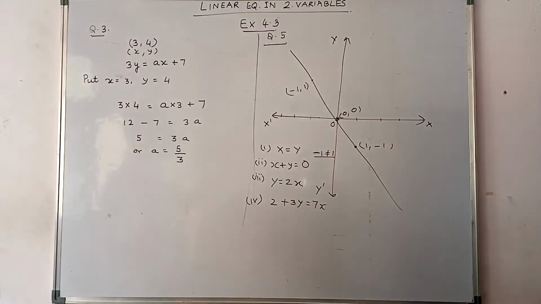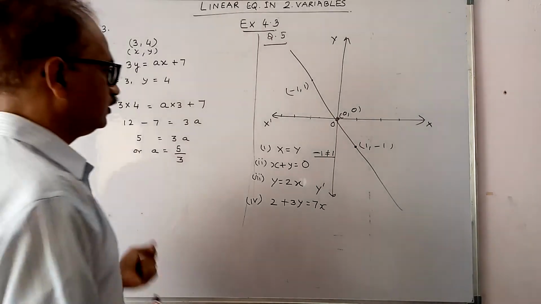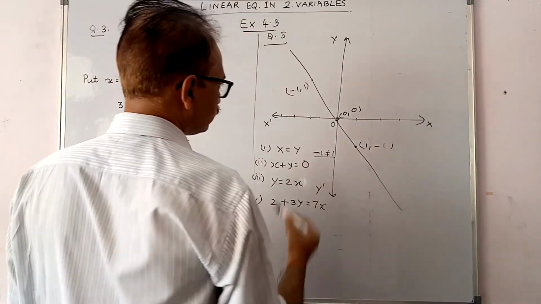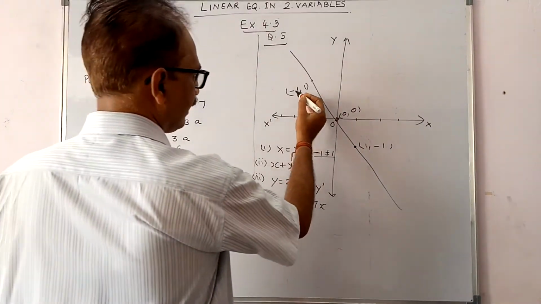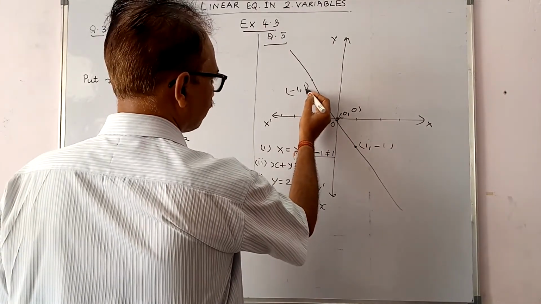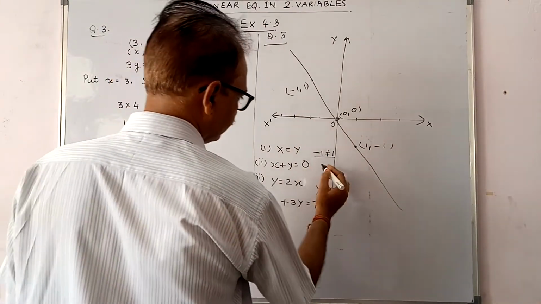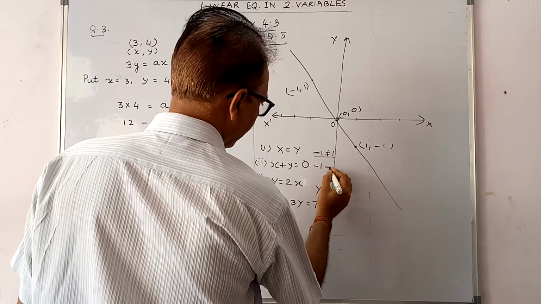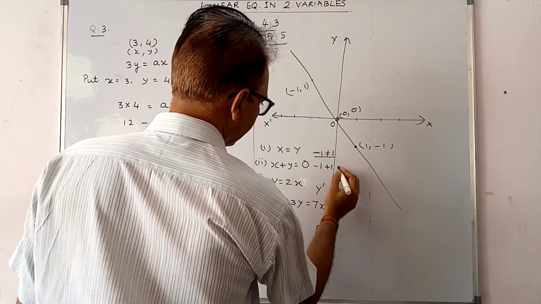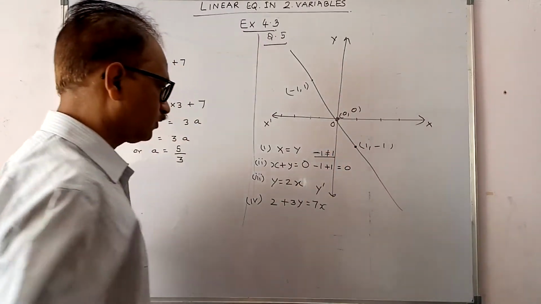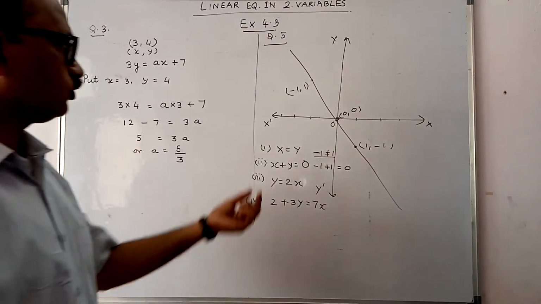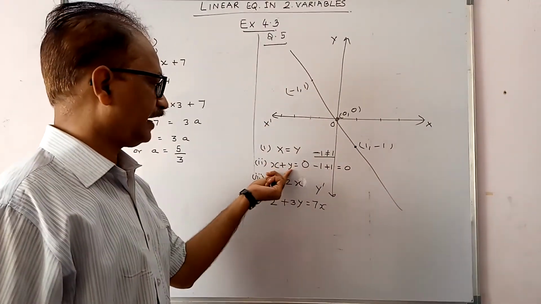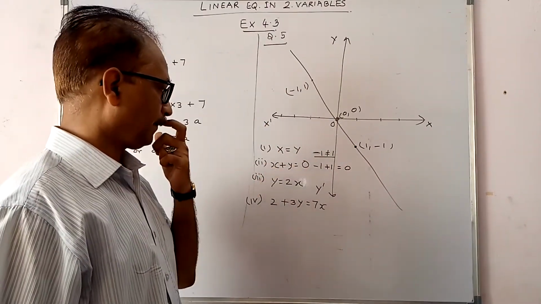Second is x + y = 0. If I put x = -1 and y = 1, -1 plus 1 is going to give you 0. So this point is satisfying the line x + y = 0.